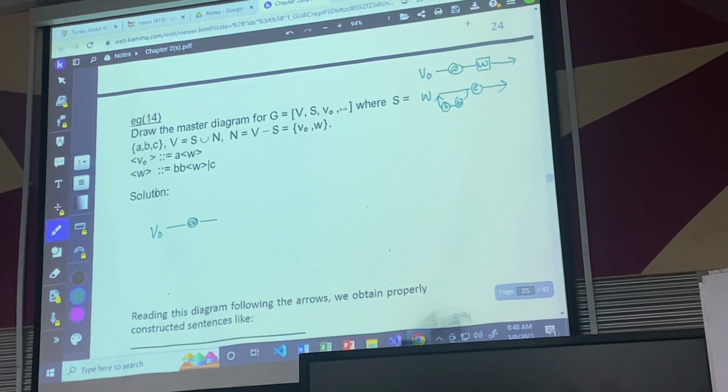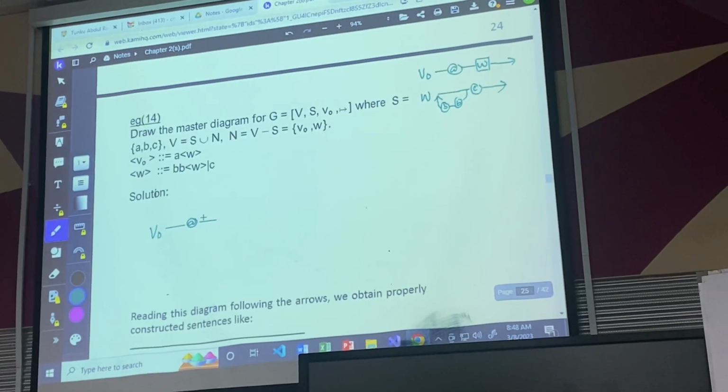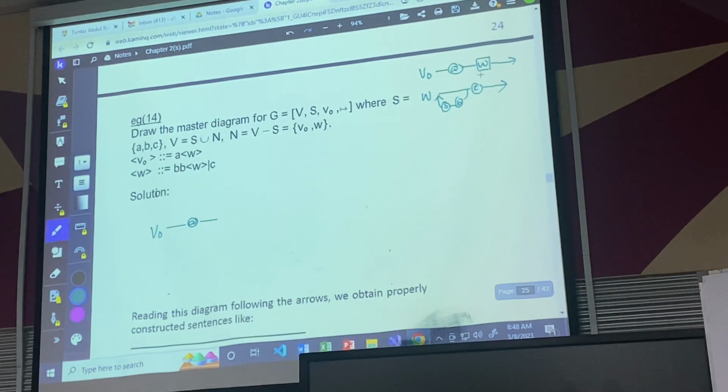Just now for the syntax diagram, you can have a non-terminal inside there, right? So no problem for the syntax diagram, but in terms of this master diagram, we cannot have a non-terminal inside the diagram. You can only know where the position is by yourself, but you won't show it in your diagram. So for example here you have AW. AW, we only draw A in the master diagram, but we don't draw the W. Okay? So from here we will continue to this, which is BBW and C.